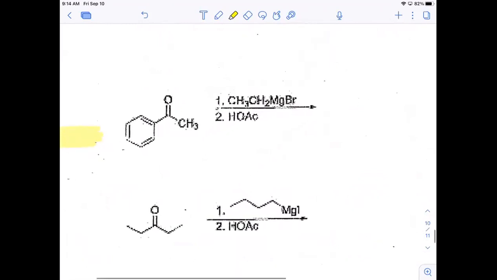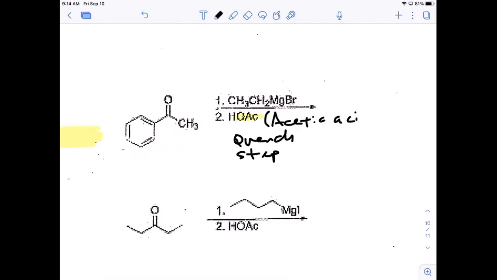So here's my acid for my quench. All right, so that second step is acetic acid. It looks like this.